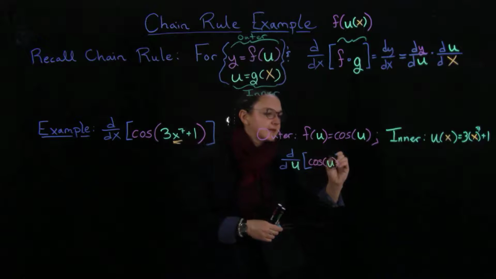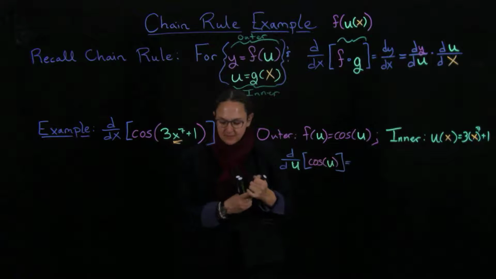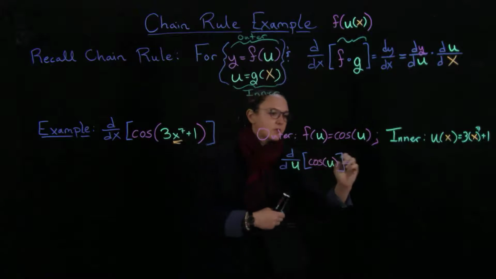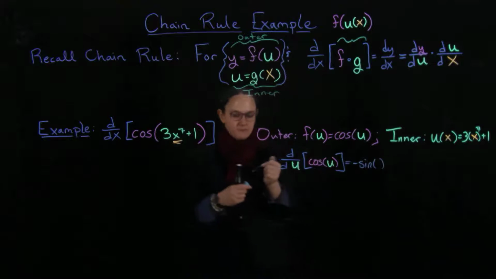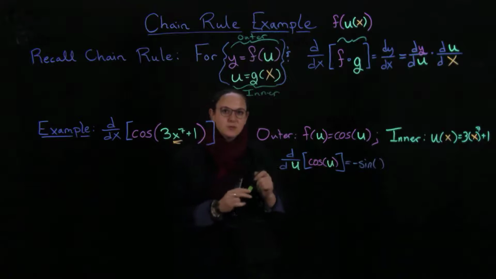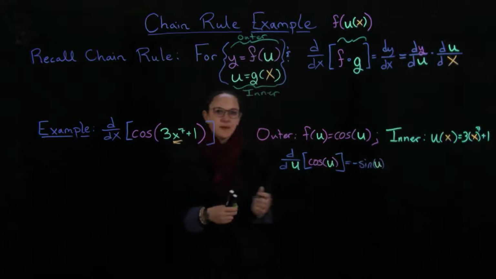I can take that derivative just like I normally would, and that's just going to be minus sine of u. So this is going to equal minus sine of u, and I'm going to leave that u green, the reason being that after I do all this, I need to plug that back in. So there's my minus sine of u.